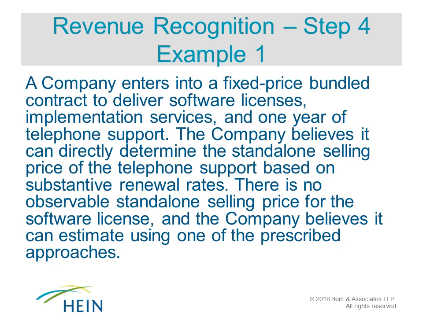So let's move through an example for step 4. A company enters into a fixed price bundled contract to deliver software licenses, implementation services, and 1 year of telephone support. The company believes it can directly determine the standalone selling price of the telephone support based on substantive renewal rates. There is no observable standalone selling price for the software license, and the company believes it can estimate using one of the prescribed approaches.